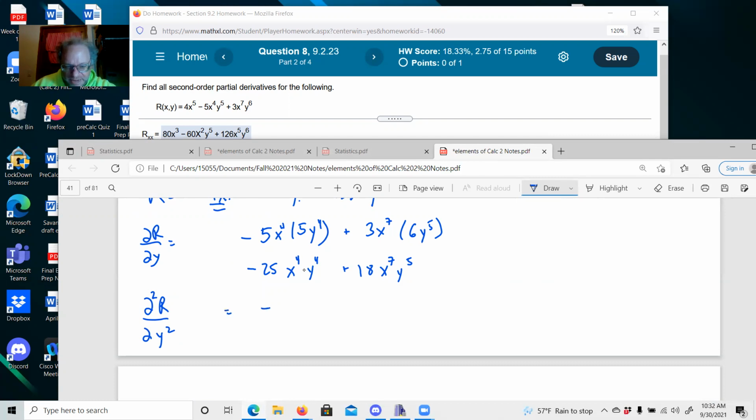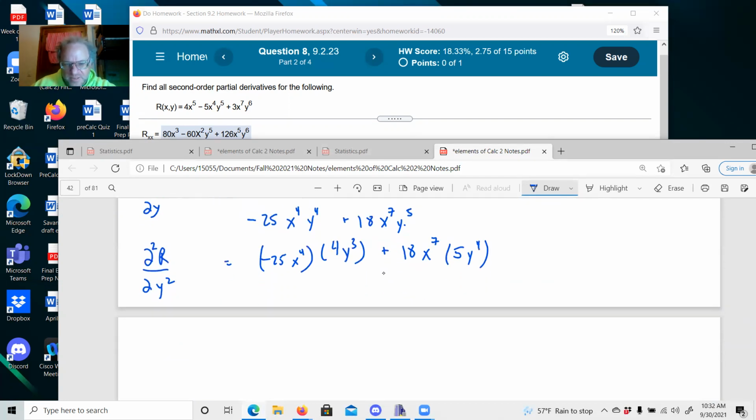So we're going to have negative 25 x to the 4th. Take the derivative here. This is going to be 4y cubed. Plus 18 x to the 7th. Take the derivative, 5y to the 4th. So we have negative 100 x to the 4th y cubed. 5 times 18 is 90, x to the 7th y to the 4th.